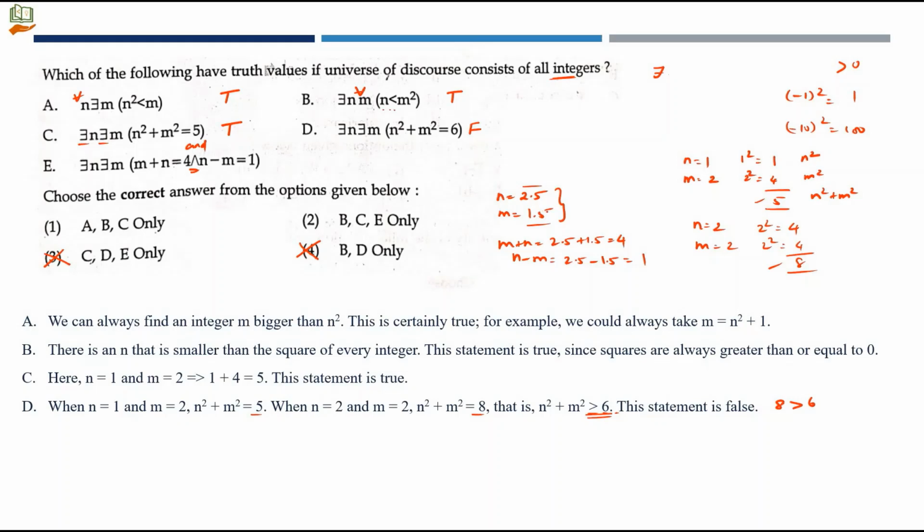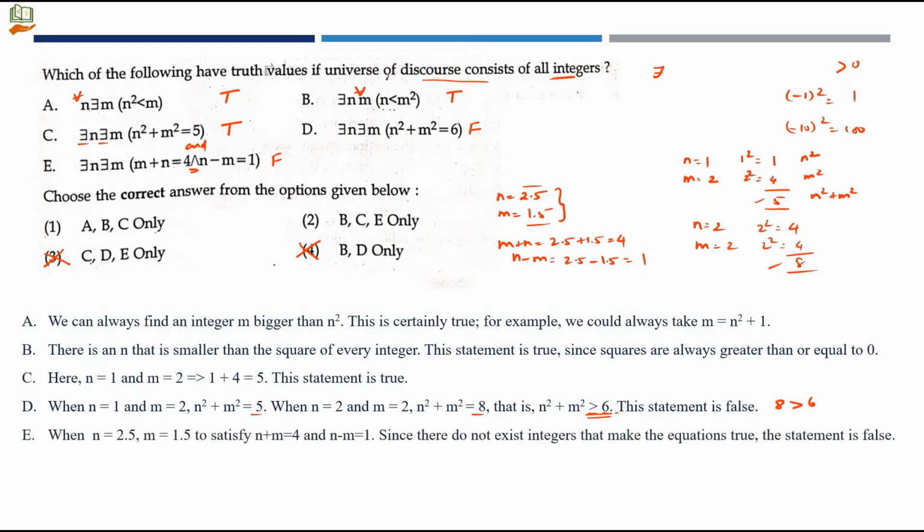This condition is true for these values, but they are not true for the domain of integers. So we can mark E also as false. This is what is explained in the statement: since there do not exist integers that make the equations true, the statement is false.